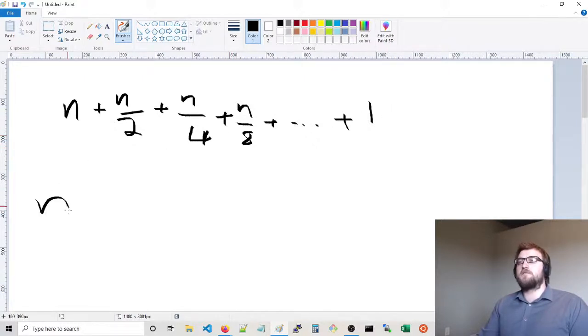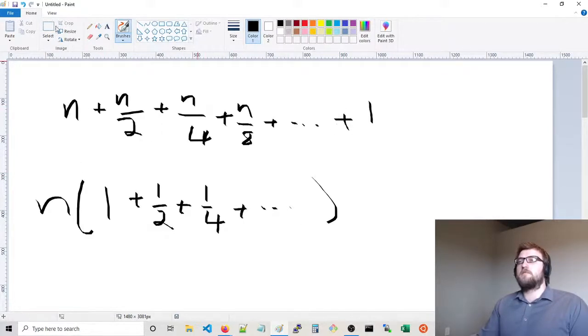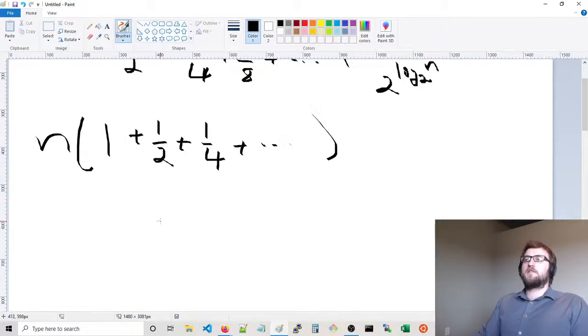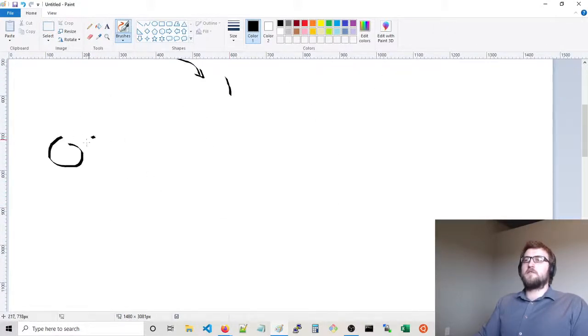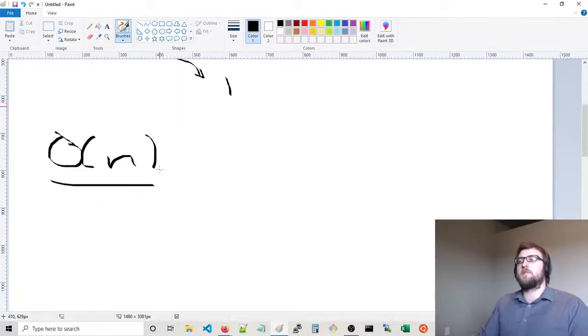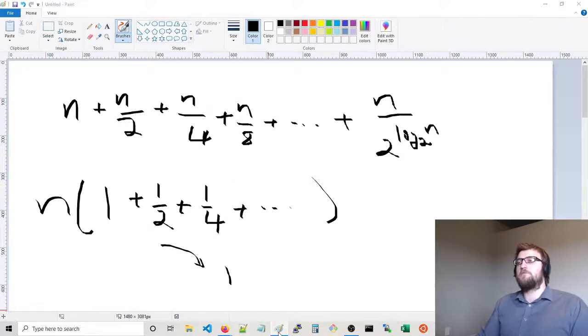Which basically gives you n times (1 plus a half plus a fourth plus ...). This is really n over 2 raised to the log n, something like that. And this is 1. So this ends up being O of n time, believe it or not. So if you did this efficiently with a doubly linked list, this would take O of n time.